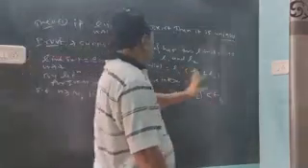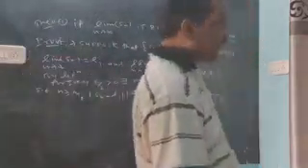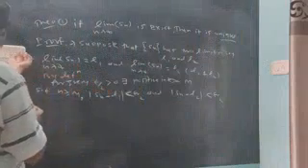Finally, epsilon by 2 plus epsilon by 2 will be epsilon.